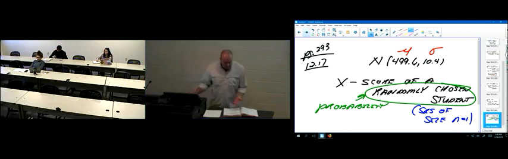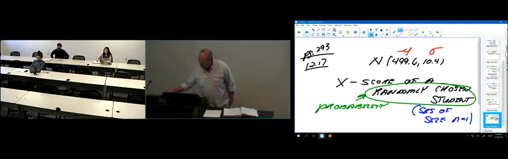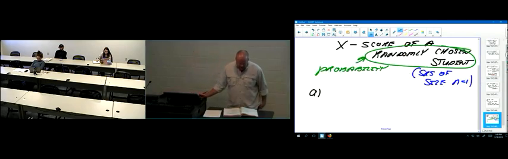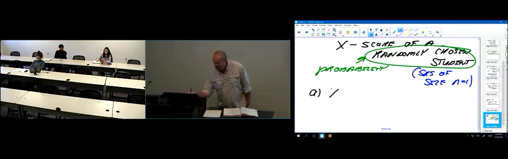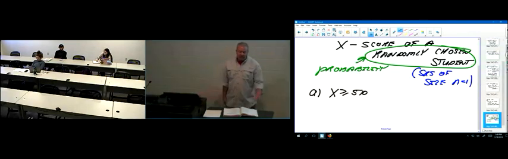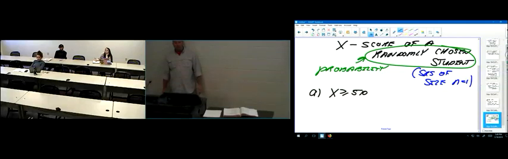And so, part A says, write the event, the student chosen has a score of 510 or higher, in terms of X. What does it mean to be 510 or higher? I'm translating it into symbols for you like I would have done in chapter 3. So that means you want X, the score of that randomly chosen student, to be 510 or higher. That means greater than or equal to 510. Right? That's all they want for that part.